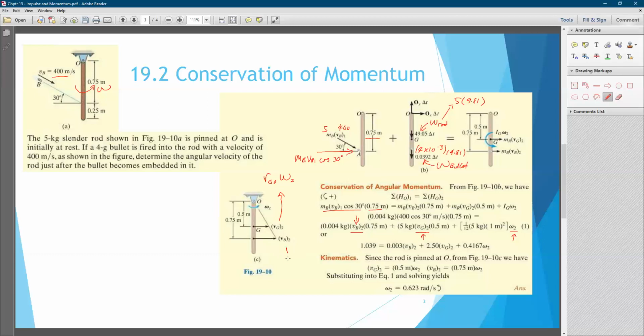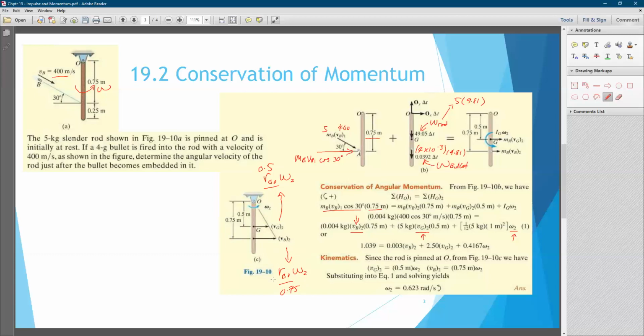And then VB2 is RBO omega 2, where RGO we know is 0.5, and RBO is 0.75.